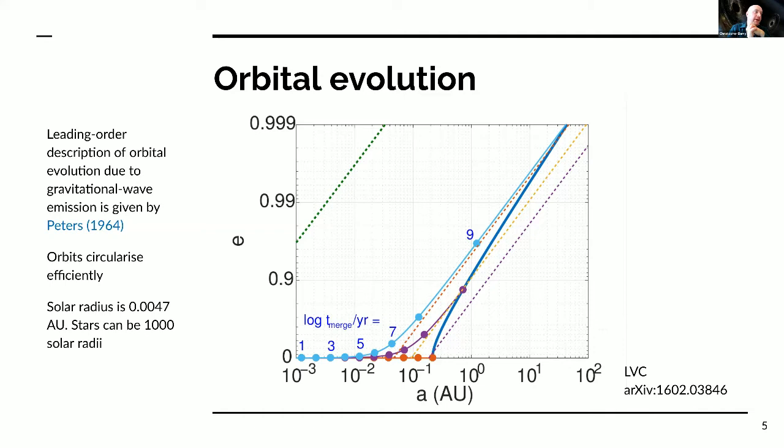If we were talking about larger stars, those have larger radii. And these stars not only need to go through their main sequence, but also their later evolution as red giant stars, blue giant stars, whatever you have. In later stages of evolution, these stars puff up. They can easily be 1,000 solar radii.